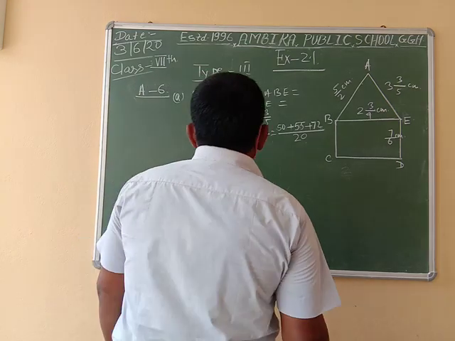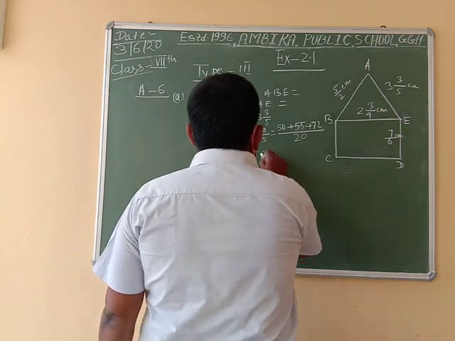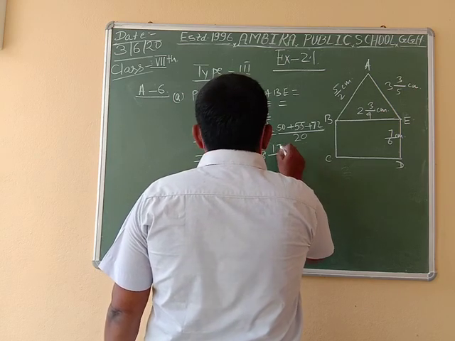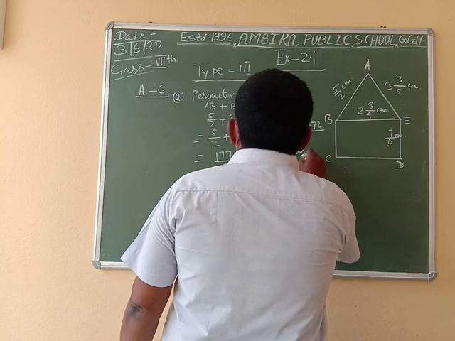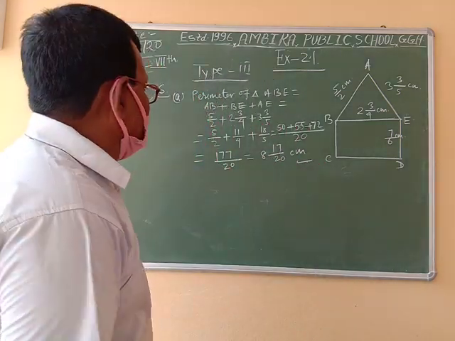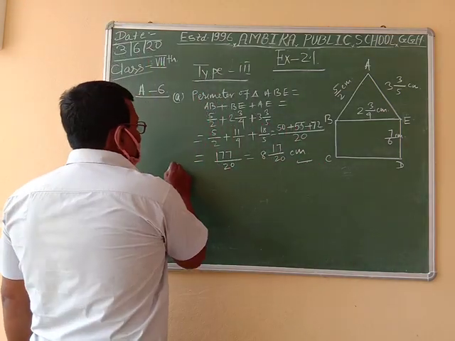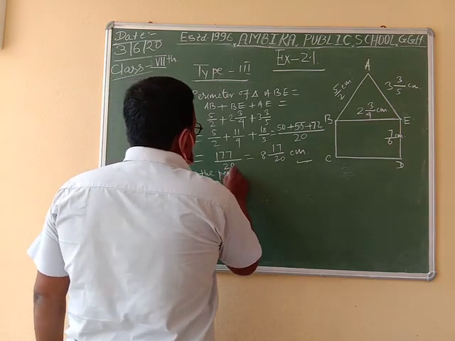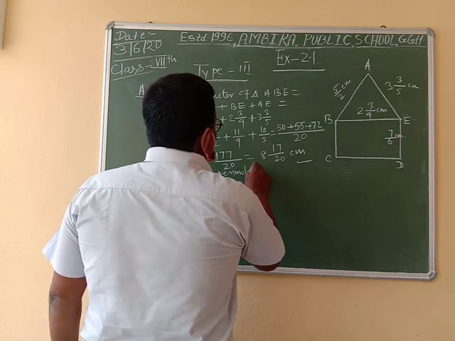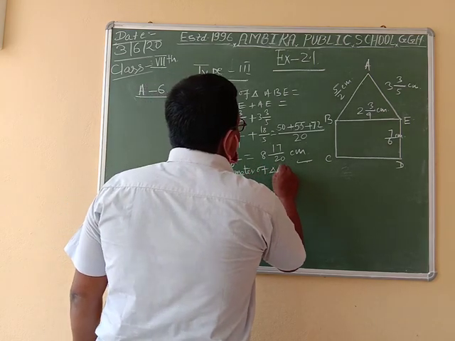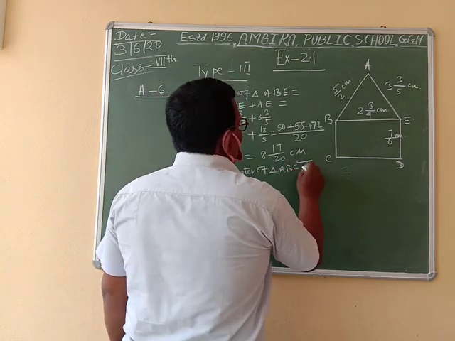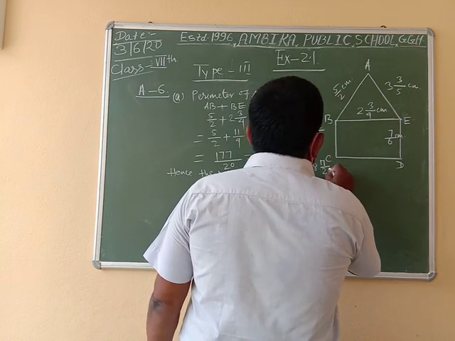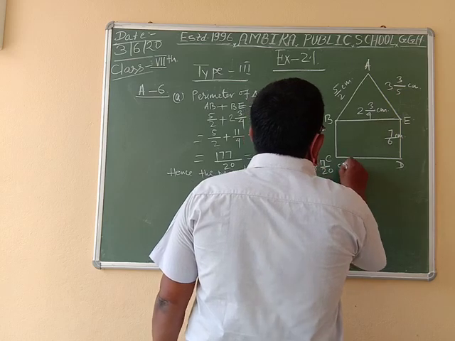Dividing by 20, we have 8 whole 17 by 20. Hence the perimeter of triangle ABE is equal to 8 whole 17 by 20 centimeter. Answer.